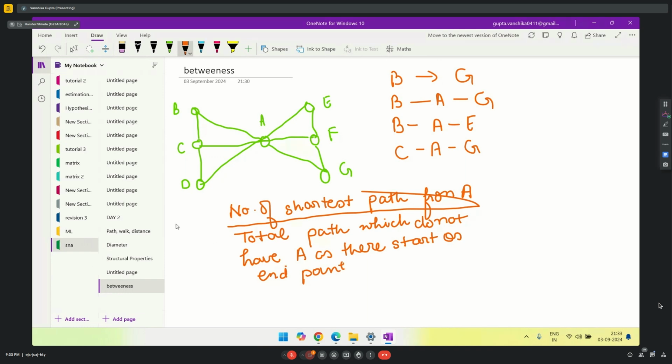This will be your betweenness of A. Let's try to solve this so that we can get a clear idea.